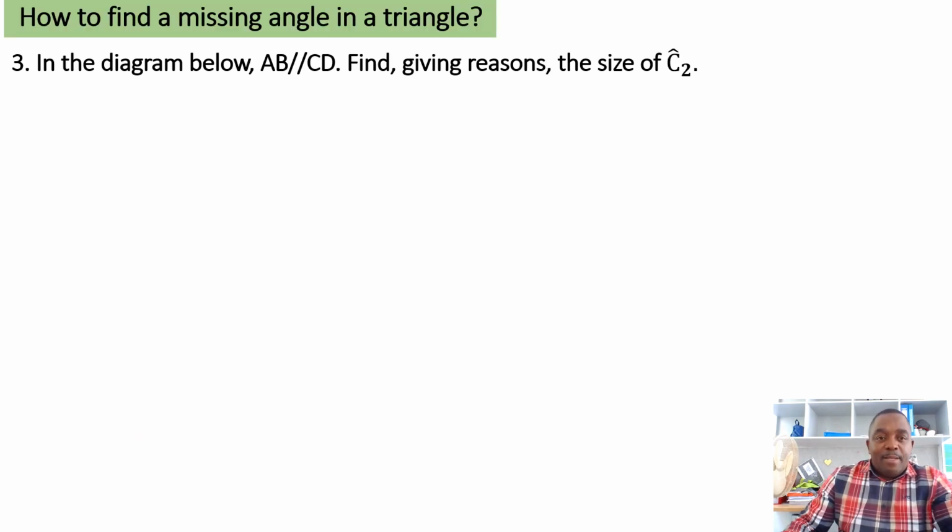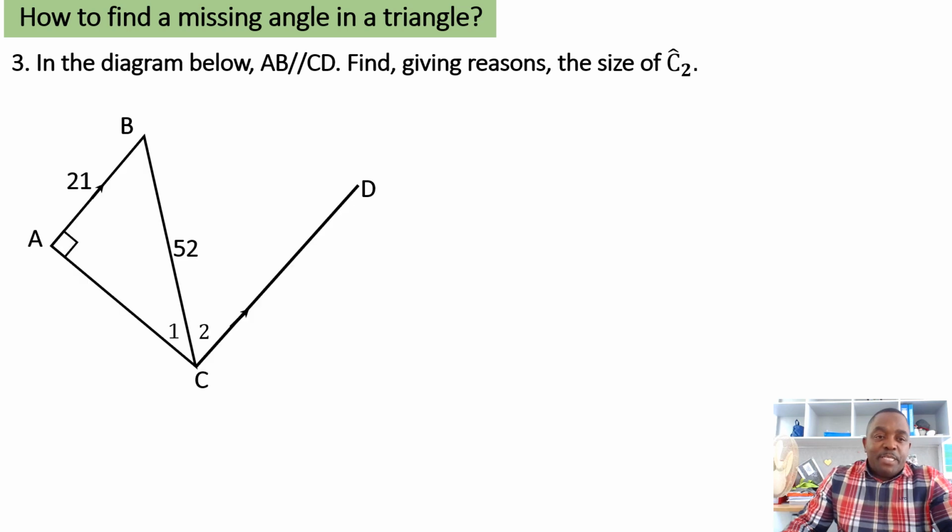Let's look again at this one. Not every question in your mathematics will come readily provided for you to just go straight to calculation. Sometimes you might need to go somewhere in order to get a setup of what you want to find. I'm looking at this and we're being asked to find the size of angle C2. When I'm looking at angle C2, it's not even inside a triangle.